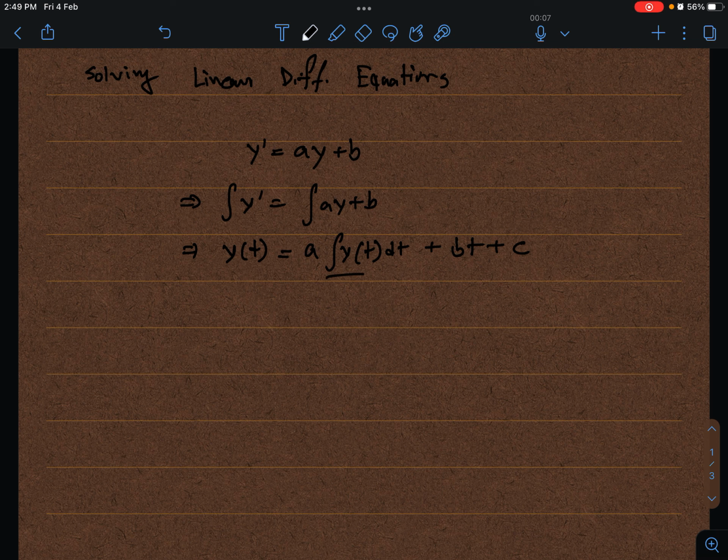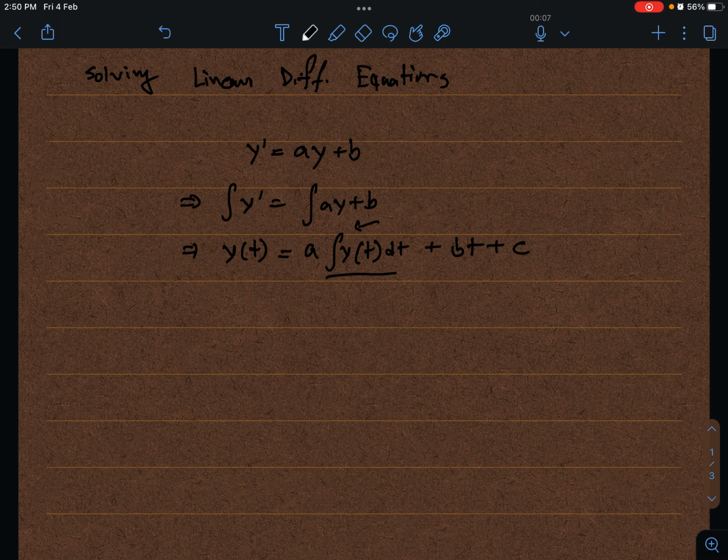As y is the unknown here, we cannot actually integrate y because there is no primitive for y. So simply integrating both sides of the equation does not give you a solution for linear differential equations.